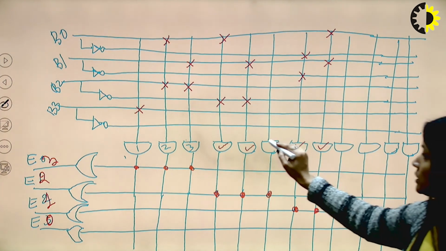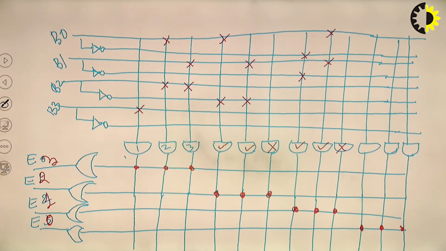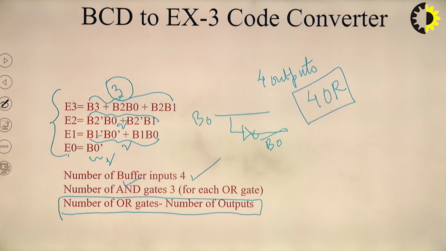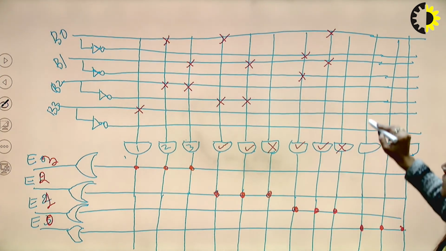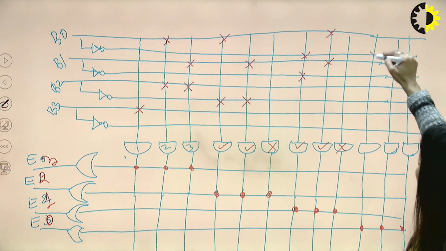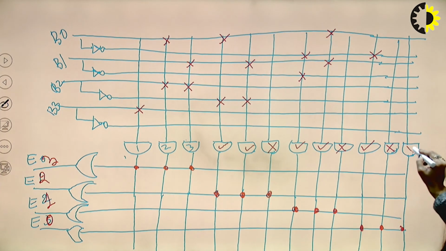So this gate is not being utilized by any OR gate. Similarly, E0 is B0 bar. Only this has been utilized, but these two are extra. So in this way we can make the PAL structure.